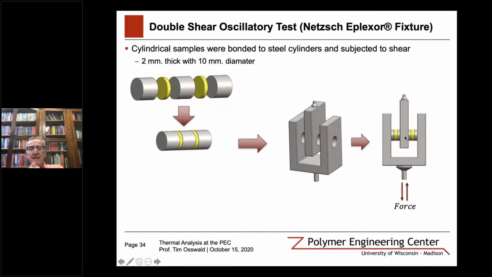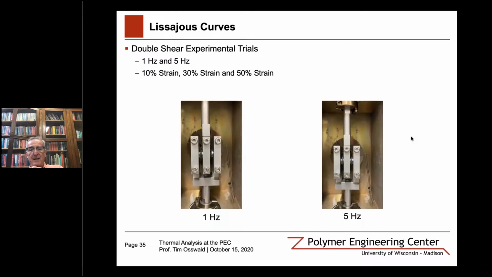When we test these two rubber samples, it's a symmetric system, so we don't get any moments in the machine, and we actually measure what happens in the system. I don't know if you see them. This one here is cycling at 1 hertz. This one here is cycling at 5 hertz. So we did 1 hertz and 5 hertz to kind of emulate maybe walking and running. And then we did 10% strain, 30% strain, and 50% strain.